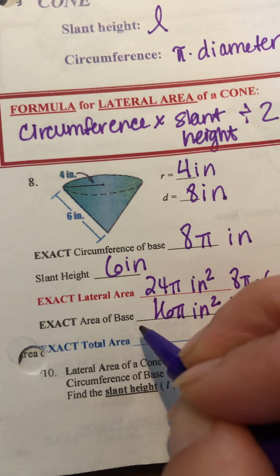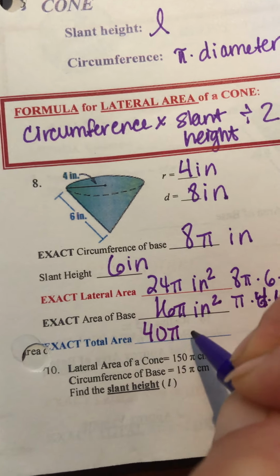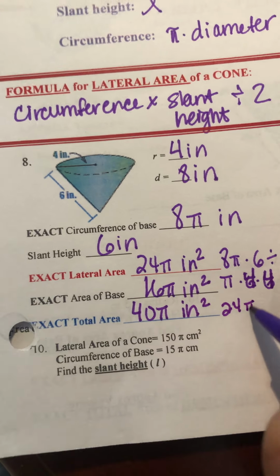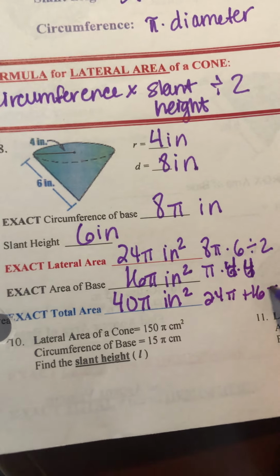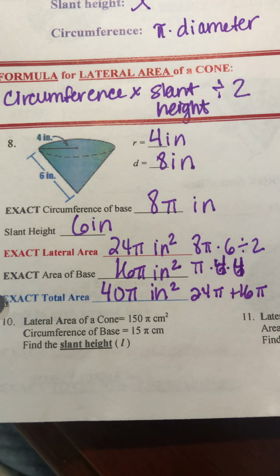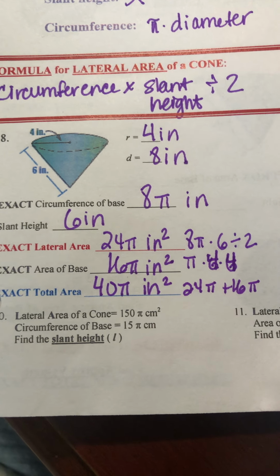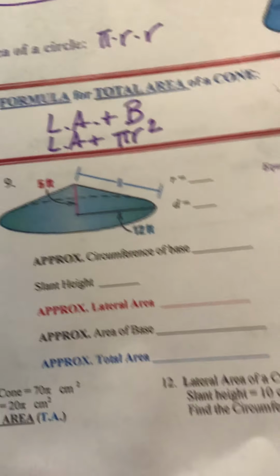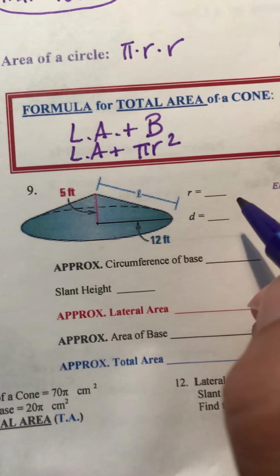And then I'm just going to add those two up, and they add up to 40 pi inches squared. And again, how I got that was just adding the 24 pi plus the 16 pi. So the same process that we did with the pyramid, the only difference was the base is a circle.